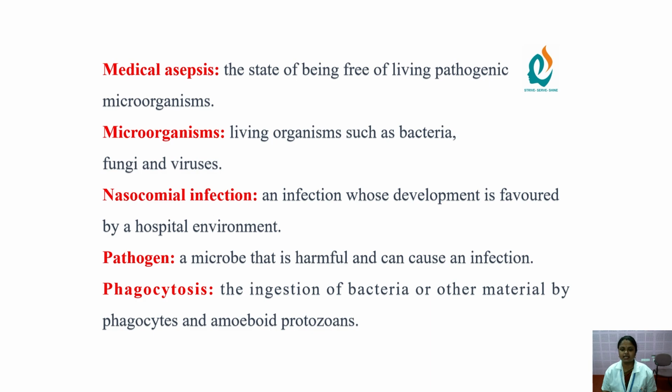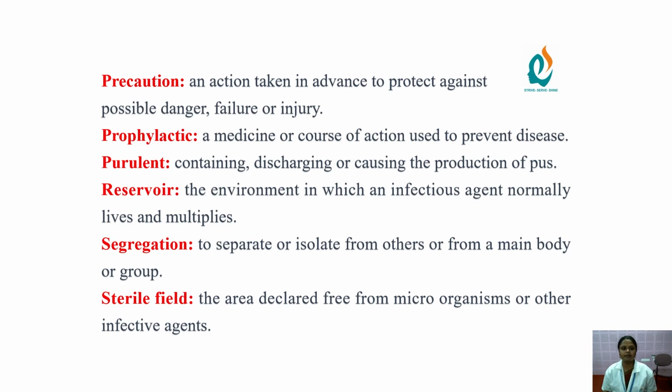Nosocomial infection, an infection whose development is favored by the hospital environment. Pathogen, a microbe that is harmful and can cause an infection. Phagocytosis, the ingestion of bacteria or other material by phagocytes and amoeboid protozoans. Precaution, an action taken in advance to protect against possible danger, failure or injury.